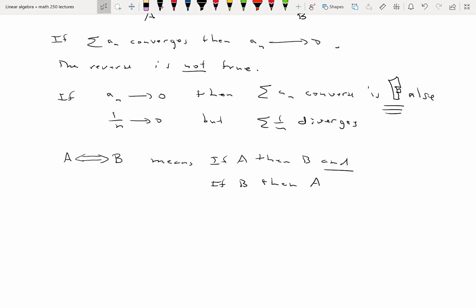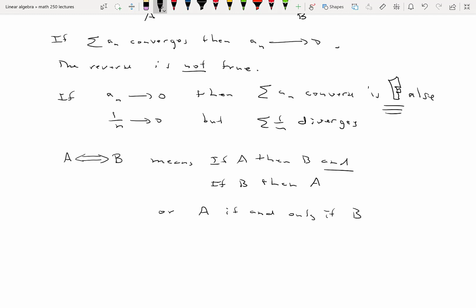Equivalent means if you have one, then you have the other, and if you have the other, you have the original. It can also be stated as A if and only if B. A if and only if B means if A then B, and also if B then A.